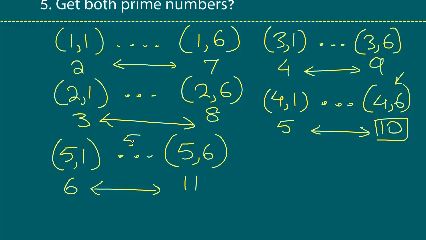So now we have found one more outcome which is favorable, sum 10. This 11 does not count. We are trying to find out when the sum is equal to 10. So 4 and 6 is one, 5 and 5 is another one. And as you can guess, the last one will be 6 and 4.